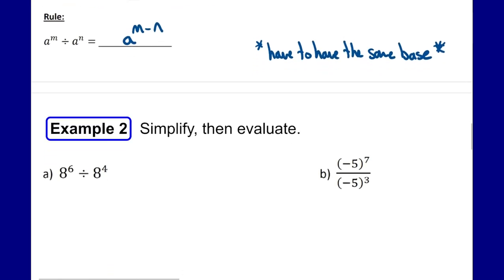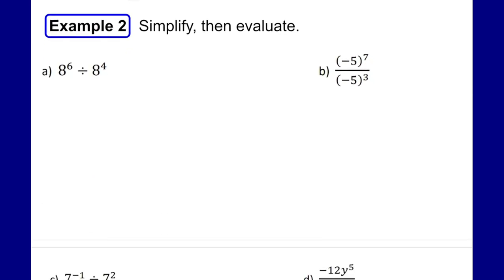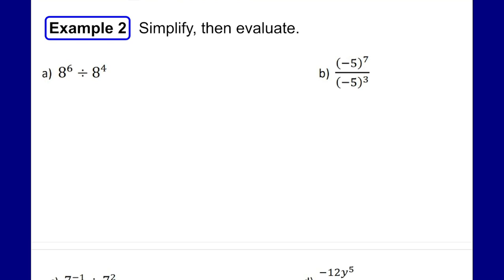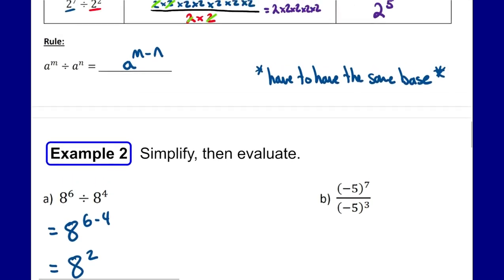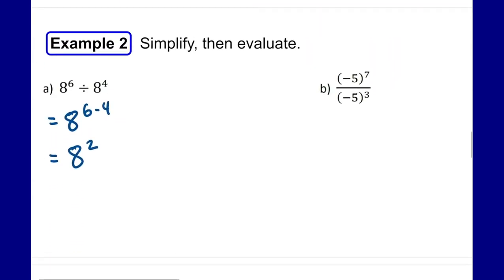So again, let's simplify and evaluate. 8 to the power of 6 divided by 8 to the power of 4. So we have powers with the same base we're dividing. So that means that I can subtract the exponents, 6 minus 4, I get 8 to the power of 2. I'm just going to scroll back up just because I want to keep my notations or my colors consistent.